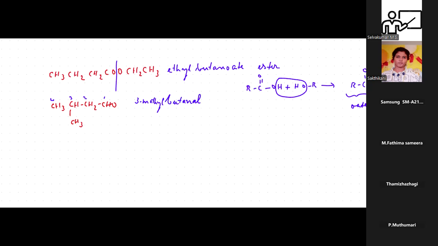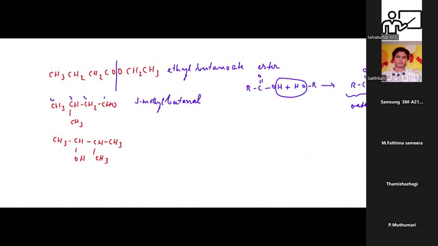Look at this compound. CH3, CH, CH, CH3, CH3, OH. Now you have to number. Either to number in this direction or in this direction. Primary functional group is alcohol. So the alcohol should get the least number.